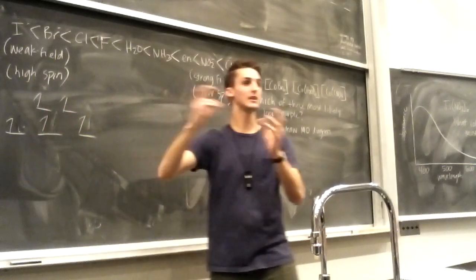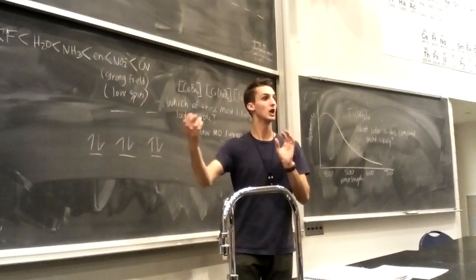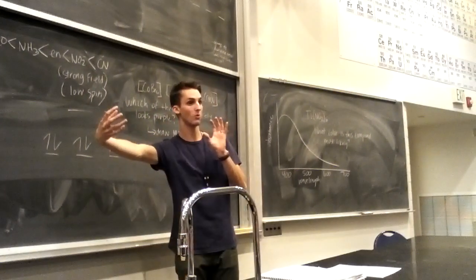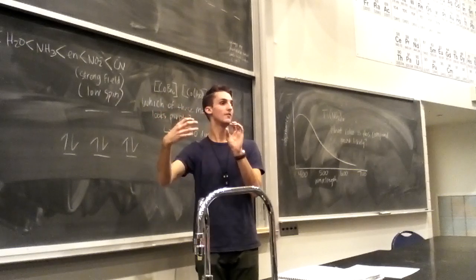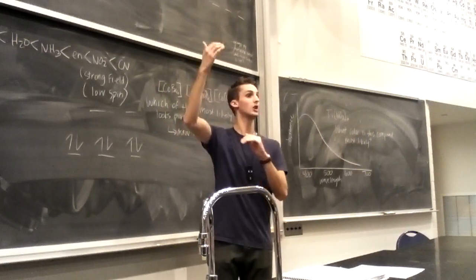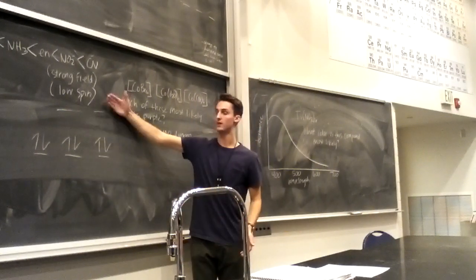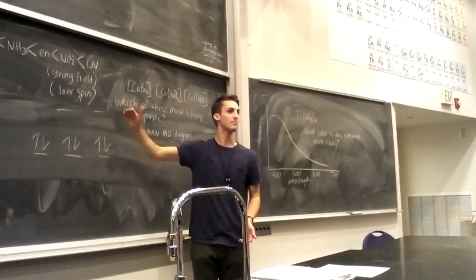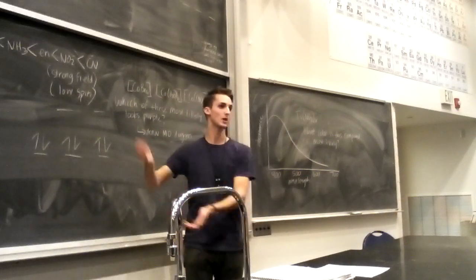So we're comparing the electrons in the system. Strong field ligands are going to have low spin electrons. So when my ligand comes into my acid, those low spin electrons are going to rather just pair up with their neighbor than go up to the next level. It's going to take so much energy to go up there, but since it has a low spin pairing energy, it's not going to take very much energy for me to pair up, so I'm just going to pair up.